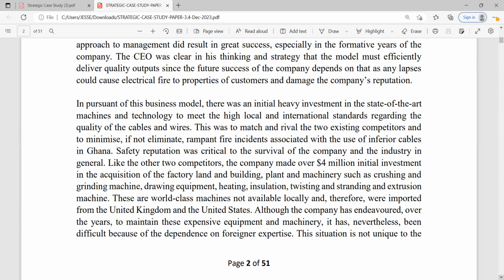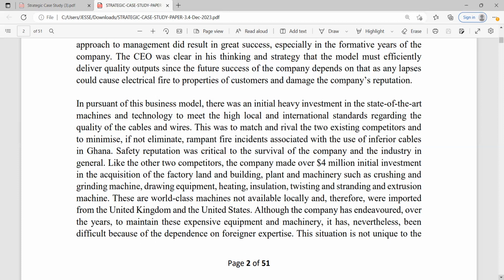So immediately your mind should go to critical success factors. What are critical success factors? The name suggests what it is. When you're creating a product, there are certain things that must go right or must go well.